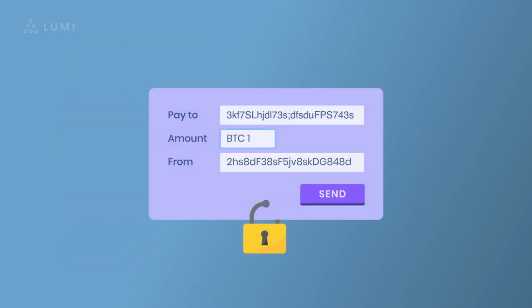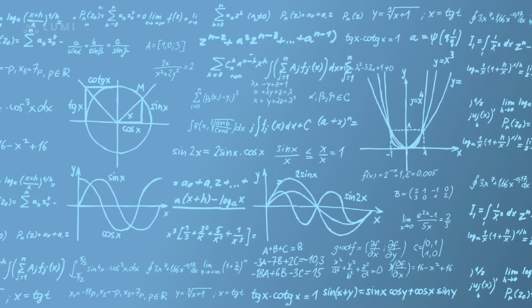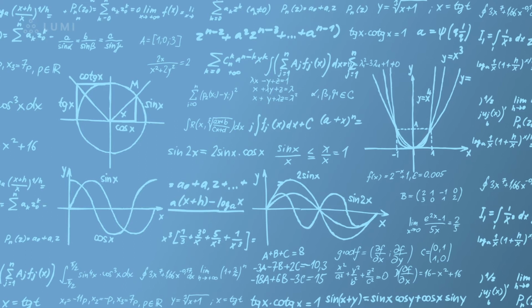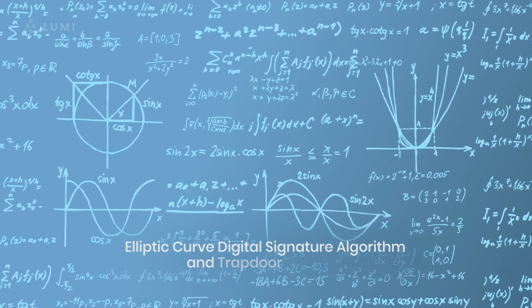For example, if you change the total sum, the entire transaction will become invalid as it will no longer match its signature. This eliminates the possibility of counterfeiting transactions. The mathematical algorithms that make this possible are too complicated to explain in this video, but you can learn more about them by reading about the elliptic curve digital signature algorithm and trapdoor function.